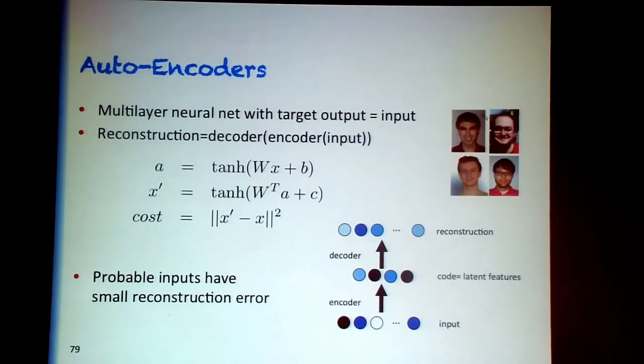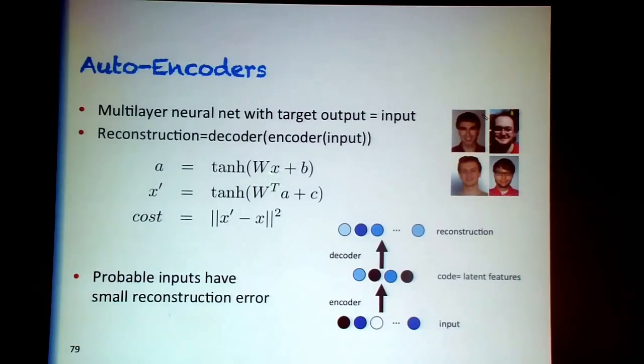And because the network is regularized one way or another, it's not going to be able to make the output close to the input everywhere. Instead, it's going to learn to have small reconstruction error only on the training examples and in other places where it generalizes. So in a sense, it's modeling the input distribution. It's making the reconstruction errors small in places where the inputs should be plausible.